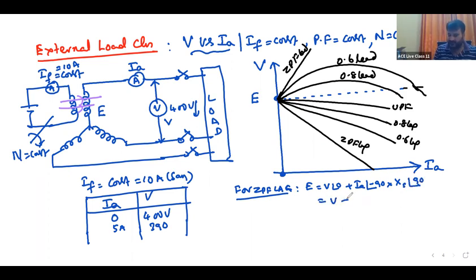What is that? V plus IA into XS. Therefore, E is equal to V plus IA into XS. But what is V? V is equal to E minus IA into XS. This is dropping, linearly decreases.